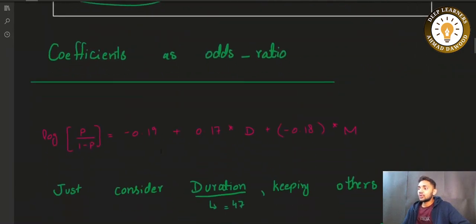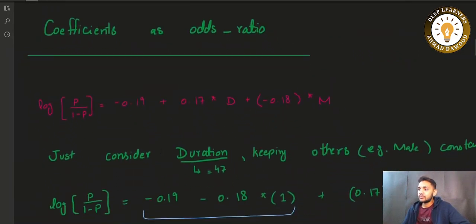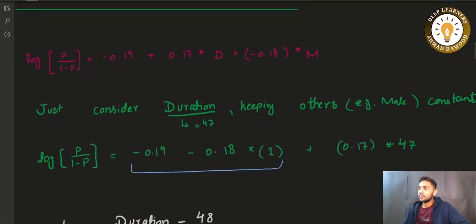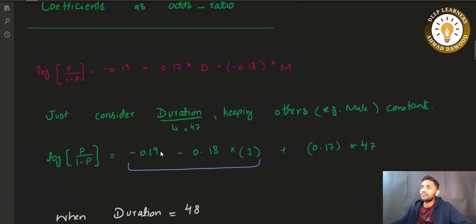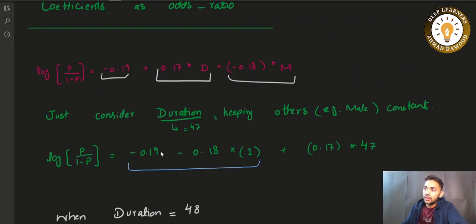Okay, so let's say we have this equation, and consider just the duration part, this 0.17 into D, and consider the others as constant. Here we pass the value of duration equal to 47, let's say.